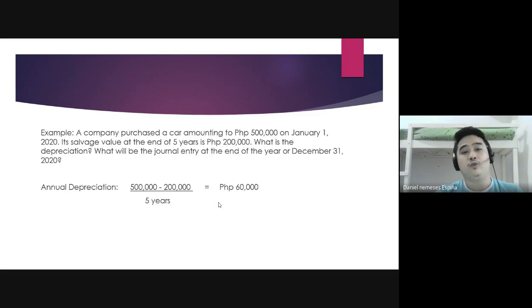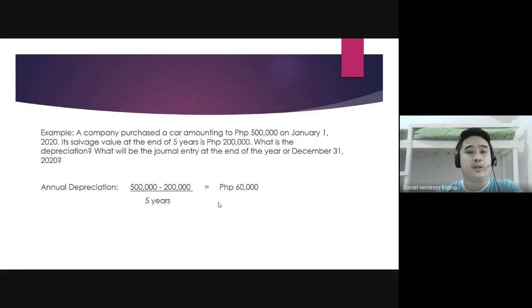For example, you purchase a car amounting to 500,000 on January 1, and the salvage value at the end of 5 years is 200,000. What would be the depreciation expense, or what would be the annual depreciation?